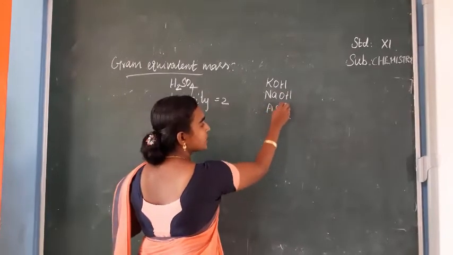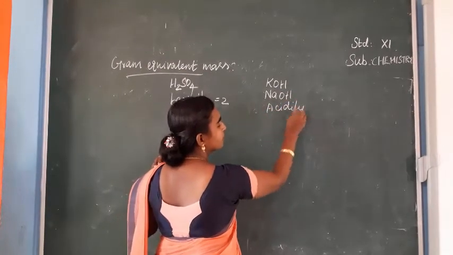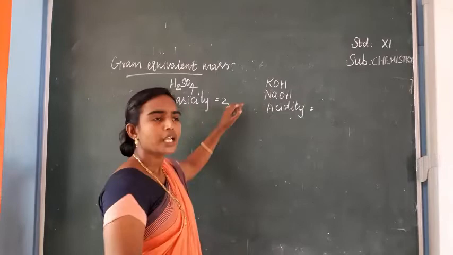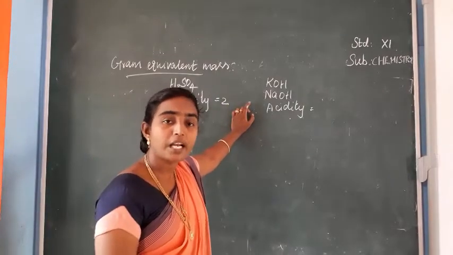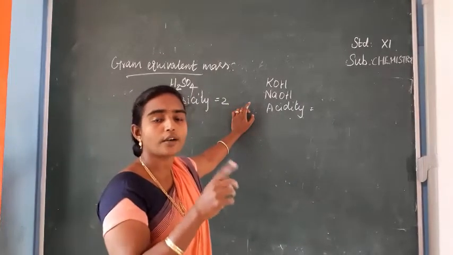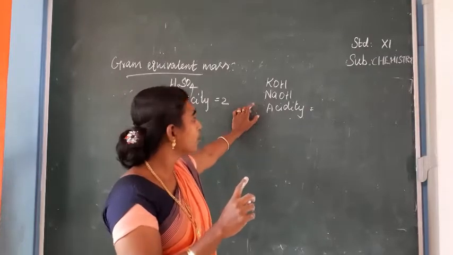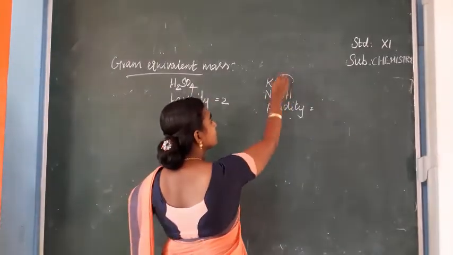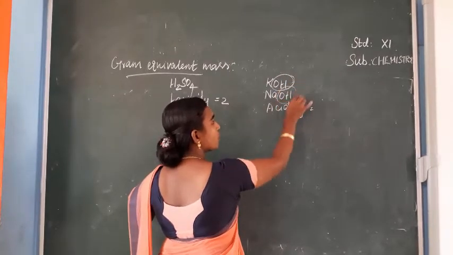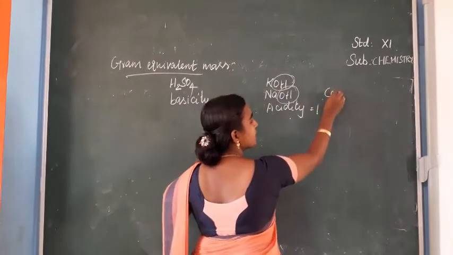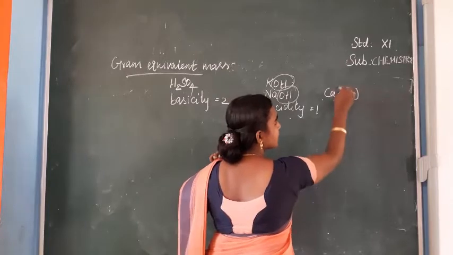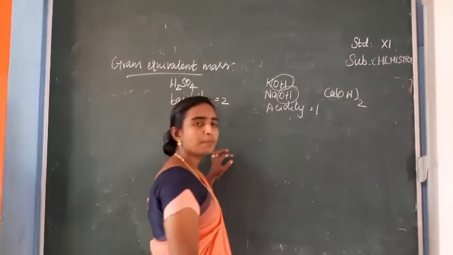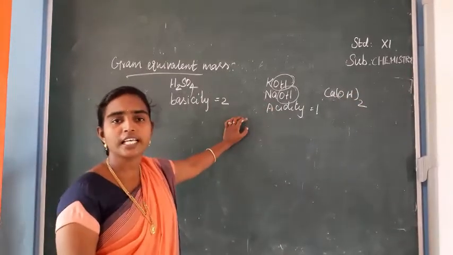If we have taken a base, maybe potassium hydroxide or sodium hydroxide, acidity is equal to the number of replaceable hydroxide ions. How many replaceable hydroxide ions are there? Here 1 and here also 1. If you take calcium hydroxide as an example, how many replaceable hydroxide ions are there? 2.